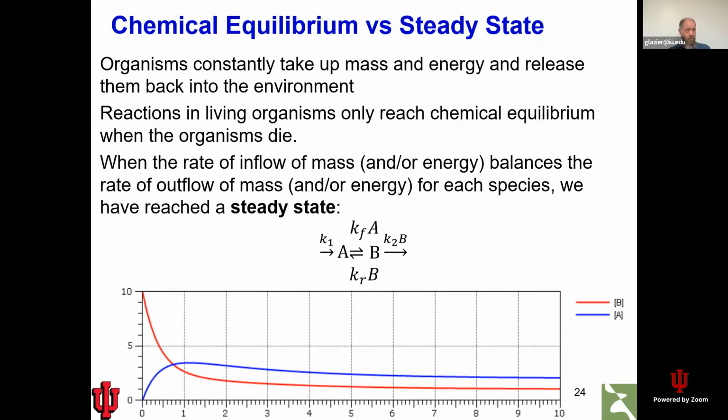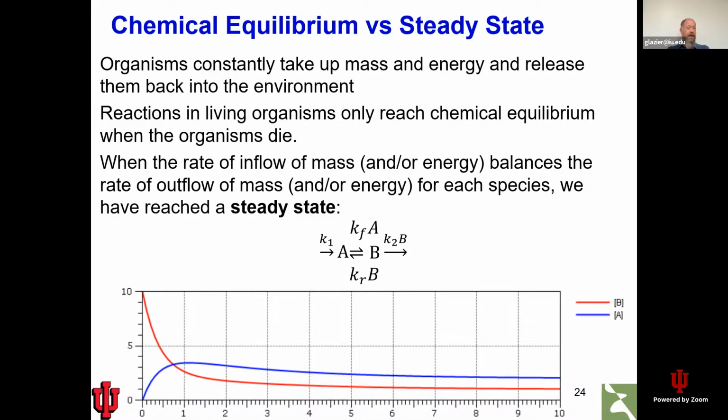Let's come back to this reaction, and we started out with A going to B and B going to A, and that will equilibrate. Now I'm going to have a source of A, so I have nothing going to A, and that'll be, let's go to the 0th order source.